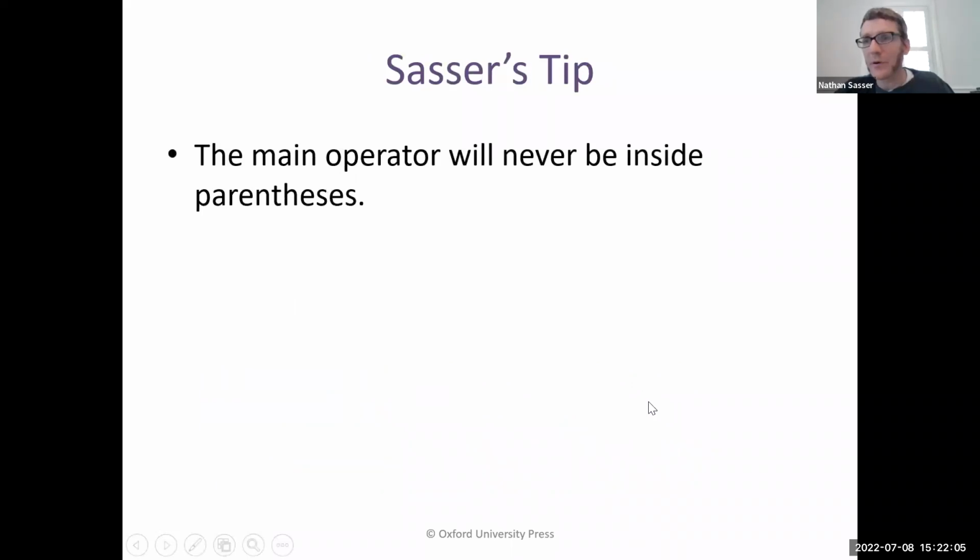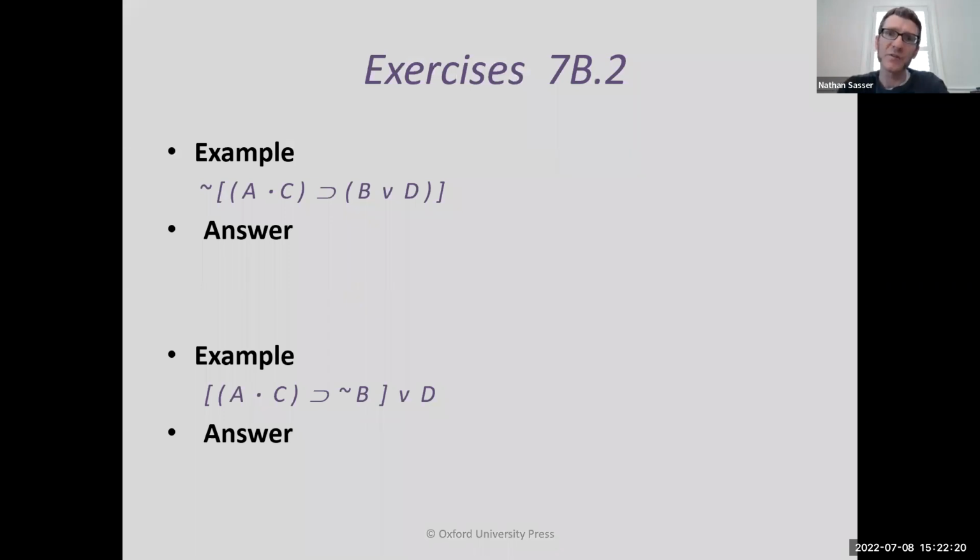So one tip on this, the main operator is never going to be inside a set of parentheses. If there are parentheses in the compound statement, the main operator is not in there. You go outside of it. So let's do a quick example here. What's the main operator in this?